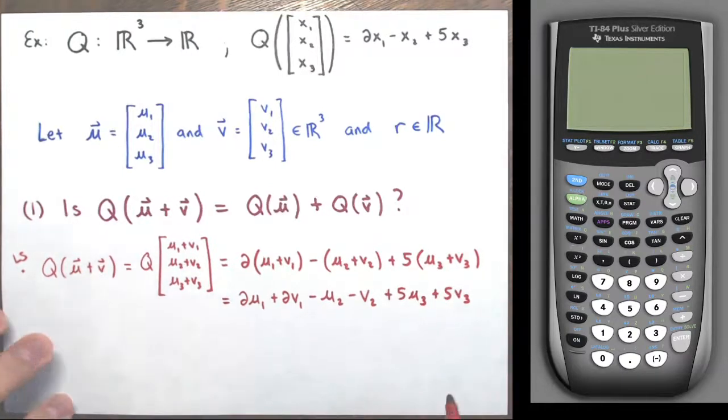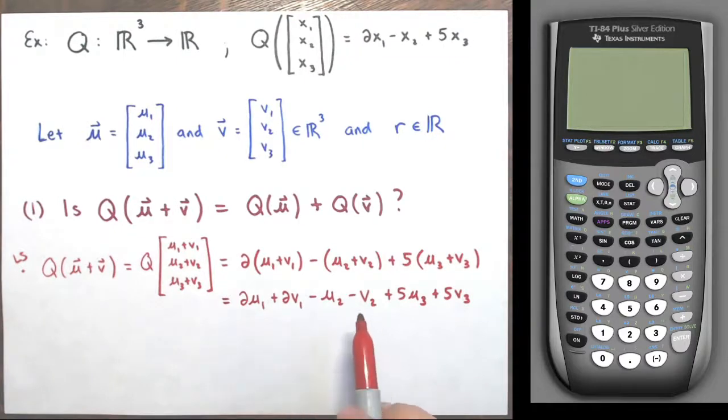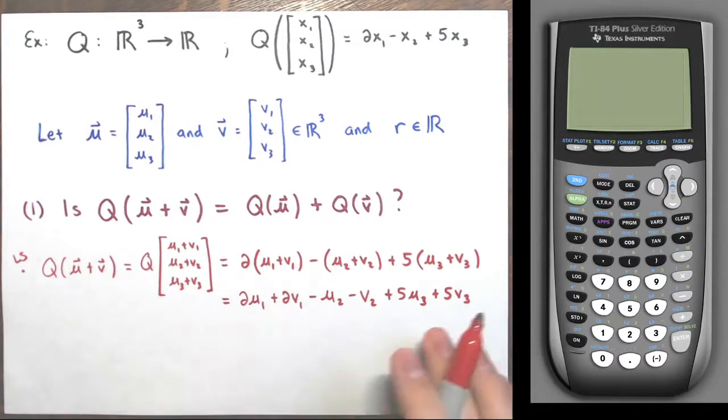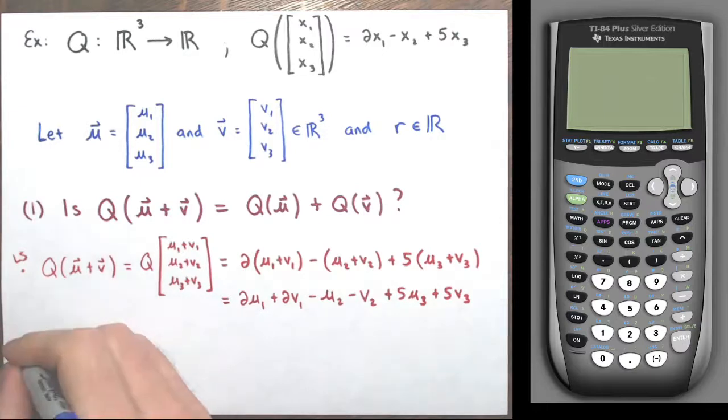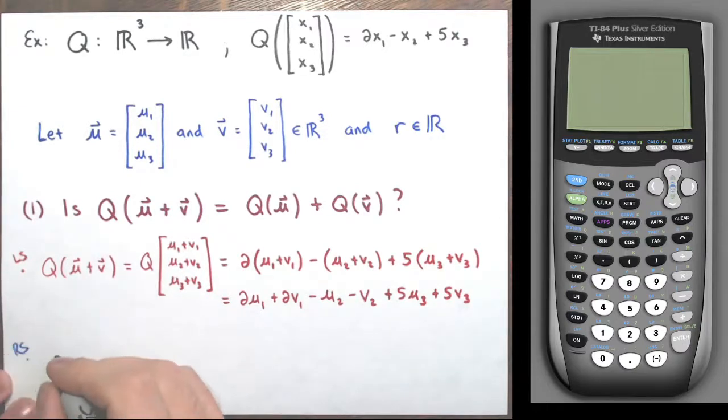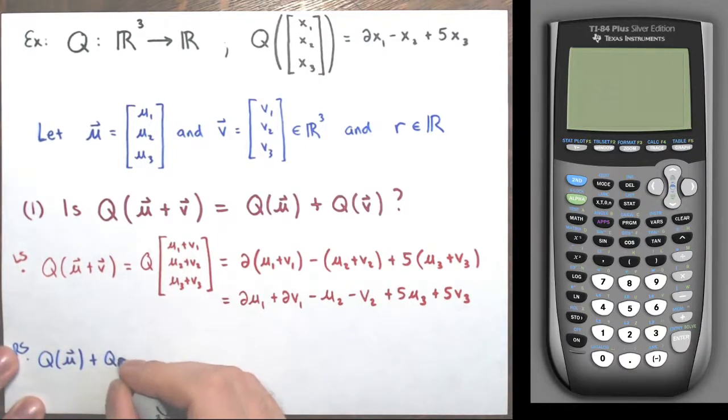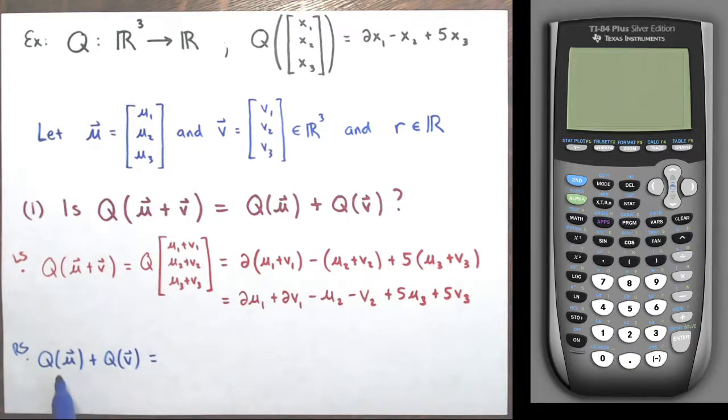If I gather the u terms together and the v terms together, this is going to work out. But I'll just keep it that way, and let's work with the right side. What's the value of Q at vector u plus the value of Q at v? I'm just going to jump to the results here.